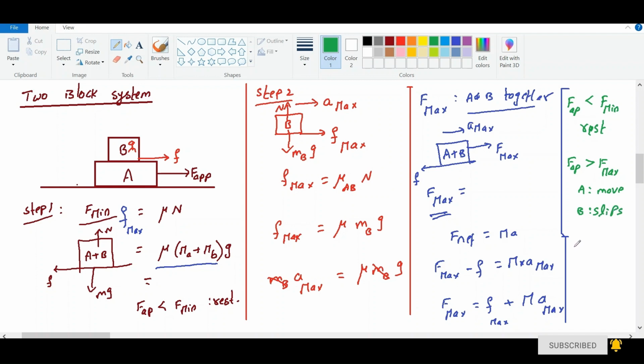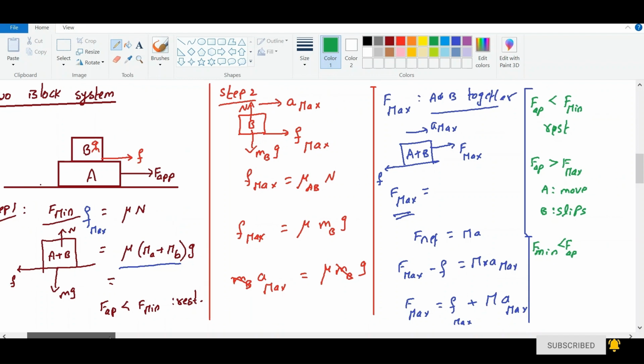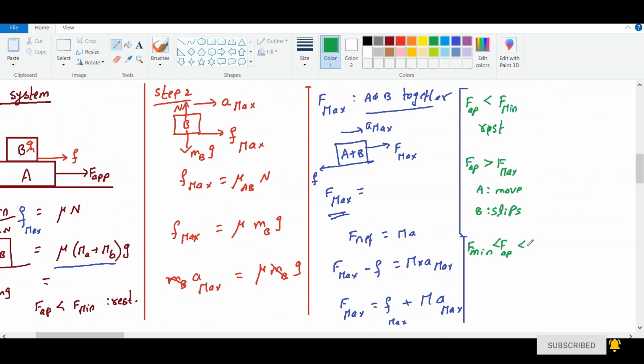And if your applied force is greater than F minimum and less than F maximum, then both will move together.